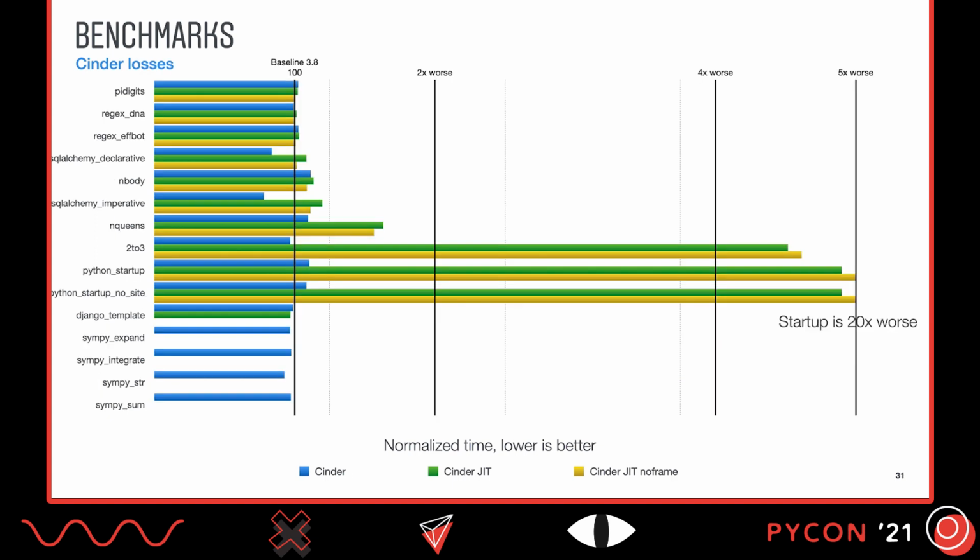And then there's a set of things that in general Cinder is losing out on. Startup time is a big one. 2 to 3, we end up spending a whole bunch of time in the JIT for some reason. And part of that may be that right now the way we JIT functions is tuned heavily for our workload.